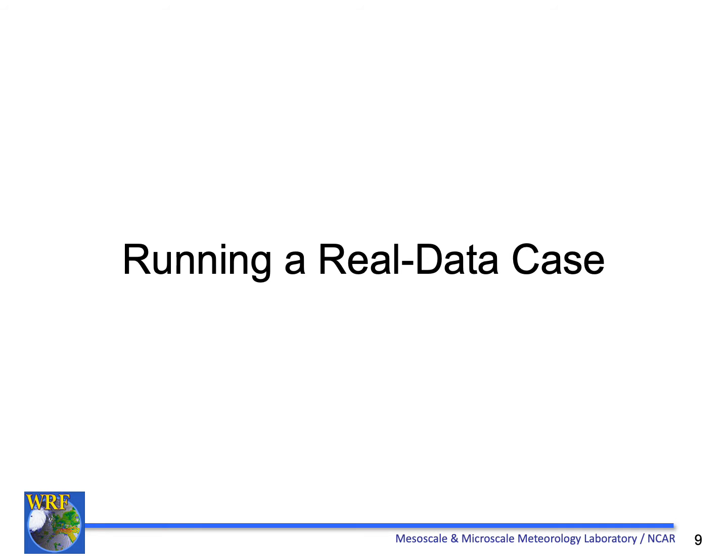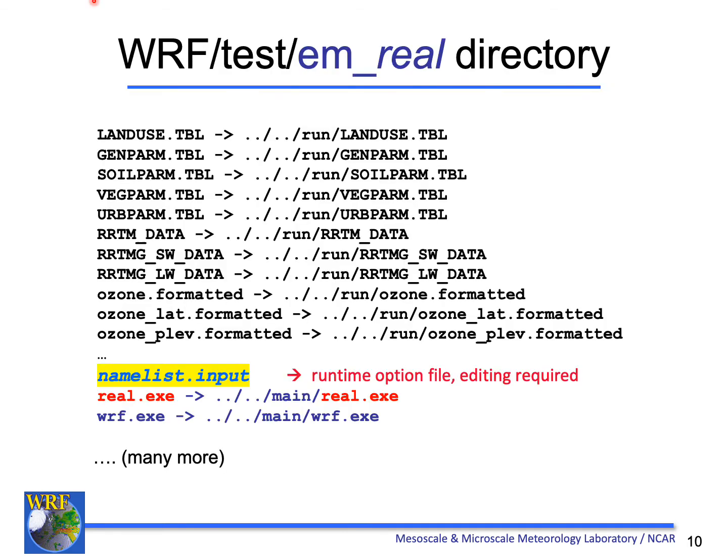Now we are going to talk about how one would make a WRF model run for a real data case. Let's choose the test/em_real directory for our model run instead of the run directory. Taking a look at this directory, we should see the physics data files are symbolically linked to this directory from where they reside in the run directory.